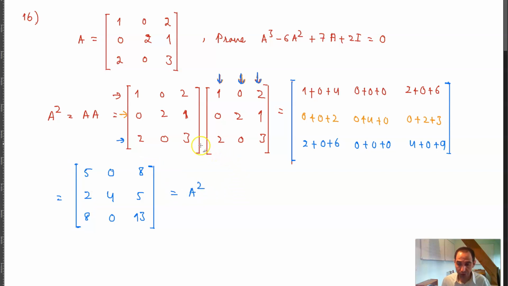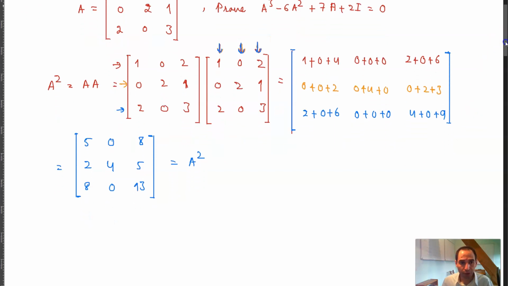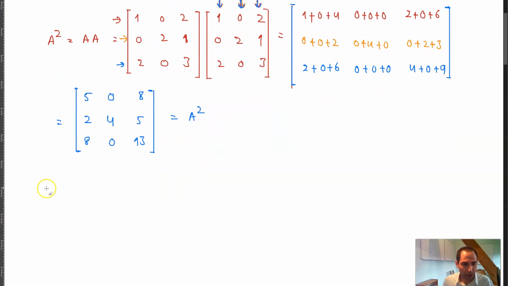Now since I need to calculate A cube, I can write A cube as A squared times A, or I can write it as A times A squared. Now we will calculate both of them and see what happens. Most probably they're going to be the same, and I don't really know why this happens.